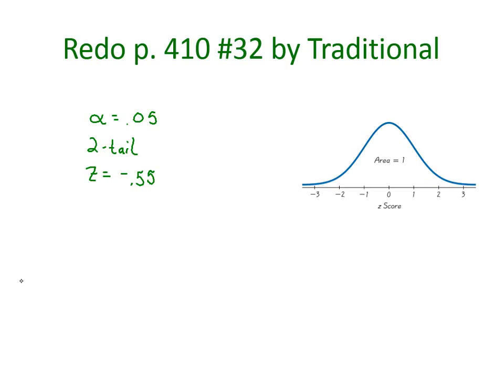And so if it is in this left extreme, or if it's in this right extreme, I can throw it out. So I want to take my alpha and cut it into 2, because if it's either one of those extremes, we're throwing it out. So 0.05 cut in 2 is 0.025.